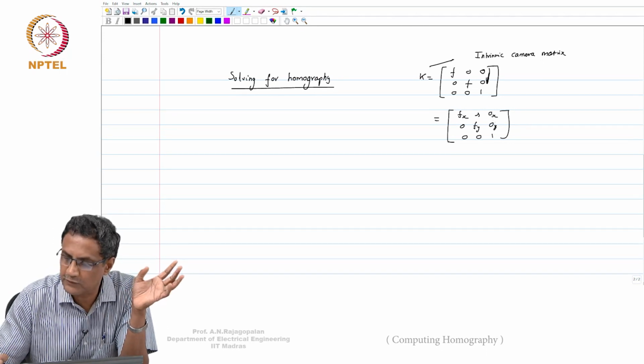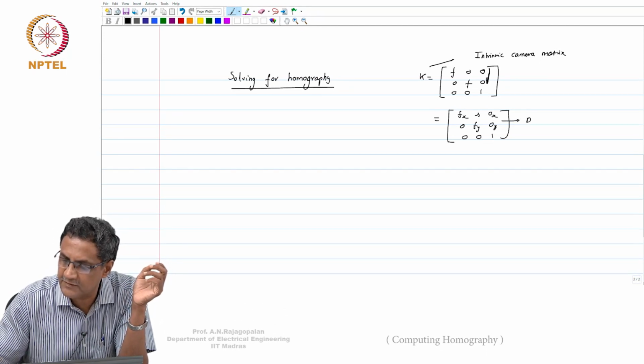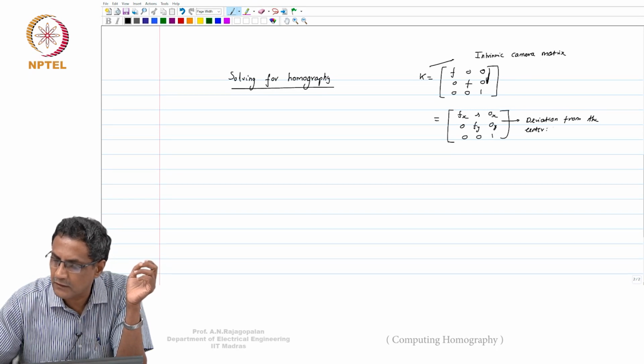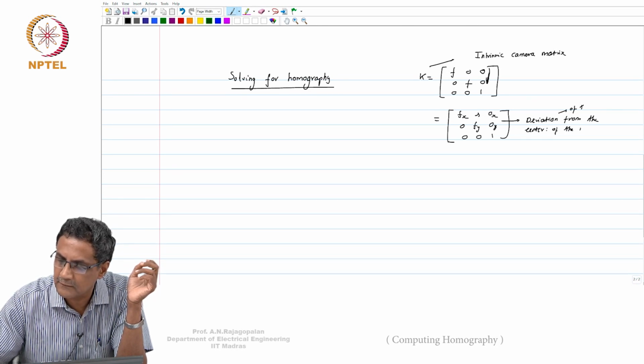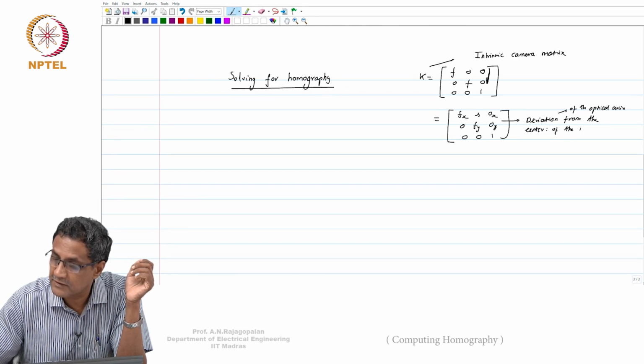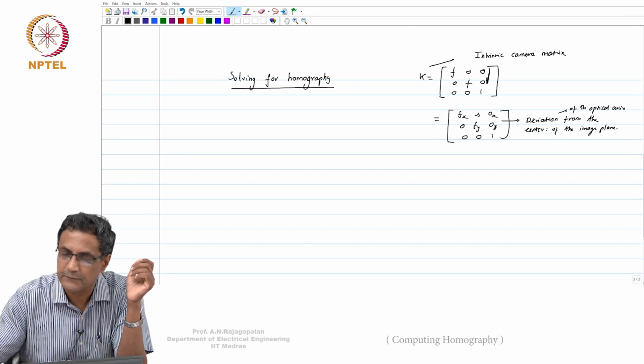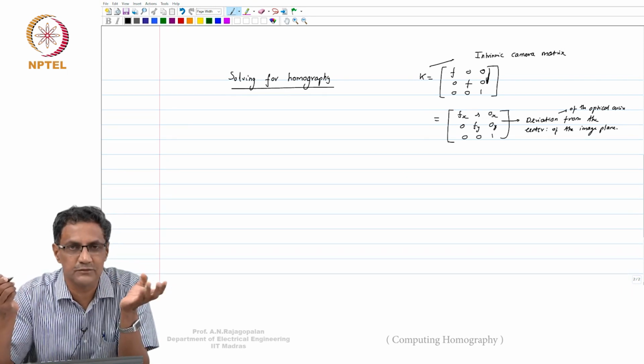So Ox, Oy is the deviation of the optical axis from the center of the image plane. We typically assume that it coincides, but it need not.